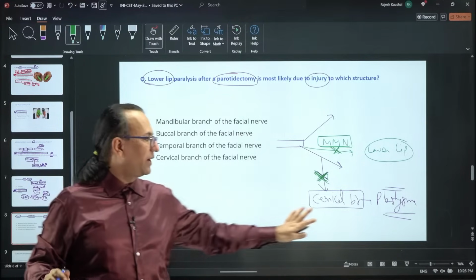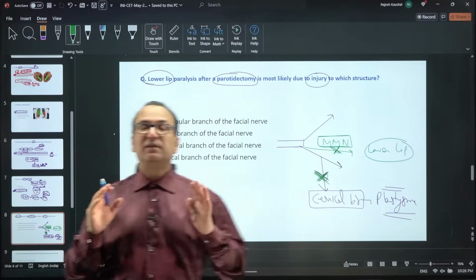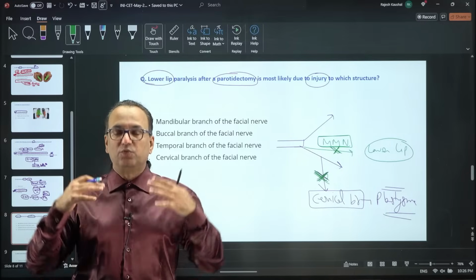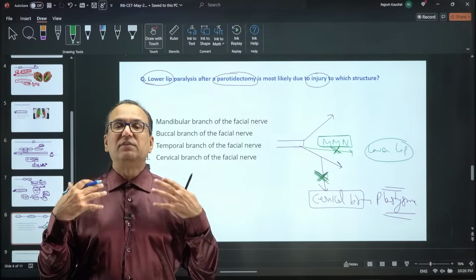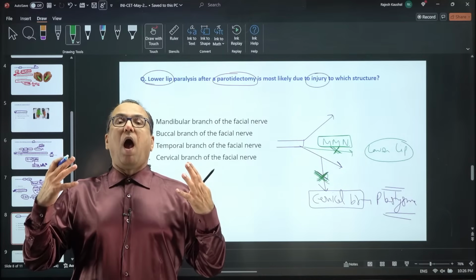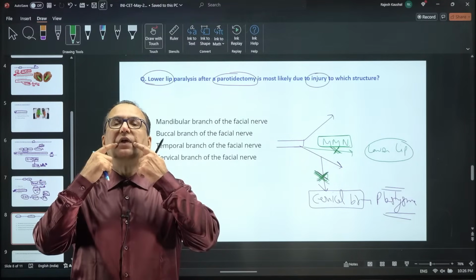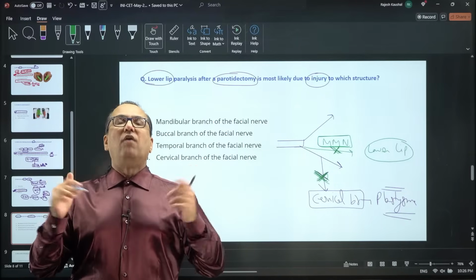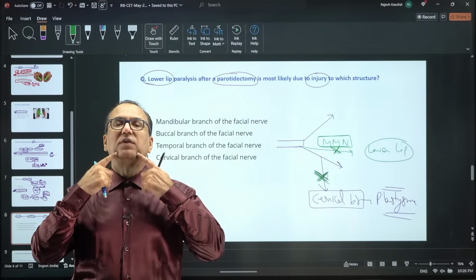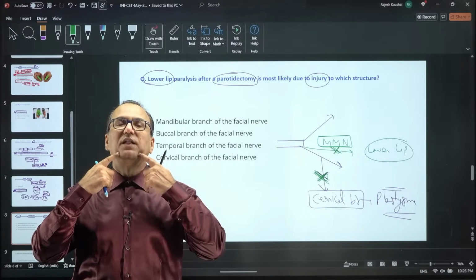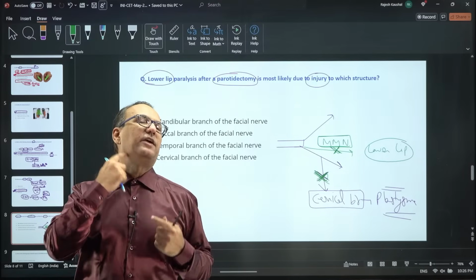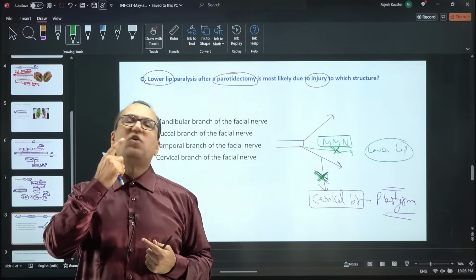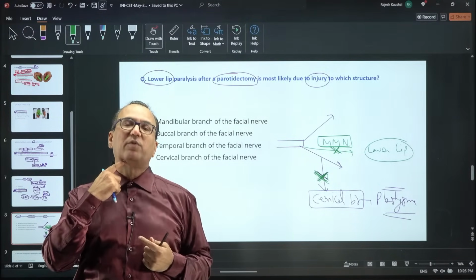What is the job of the platysma? It is a muscle that expresses horror. Where is your lower lip going? It's going down. It is also depressing the lower lip. If you damage the cervical branch, lower lip depression gets compromised.